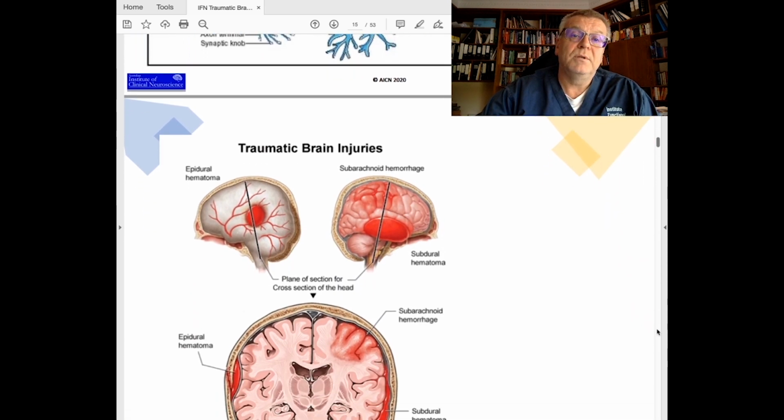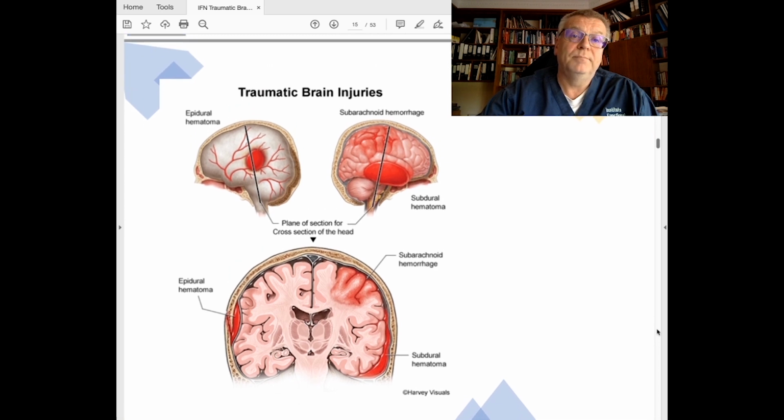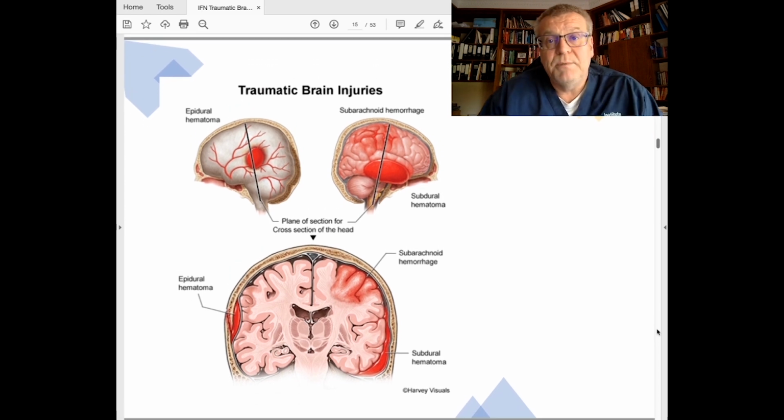Now, there also is another more emergency type situation that may happen when you receive a head injury, and that is that a hematoma may develop, or a blood clot may develop, either on the outside of your dural foldings or on the inside of your dural structures, and even inside the brain itself.